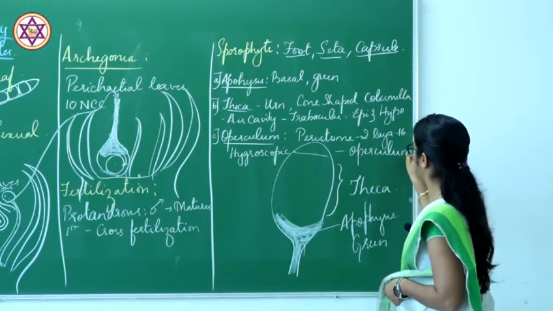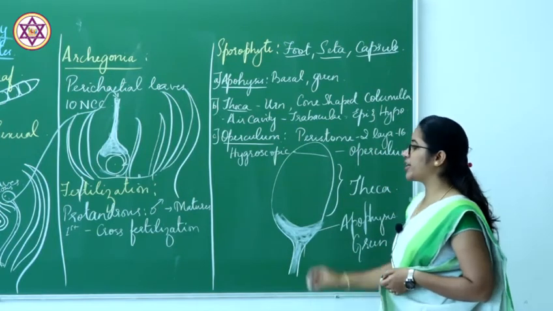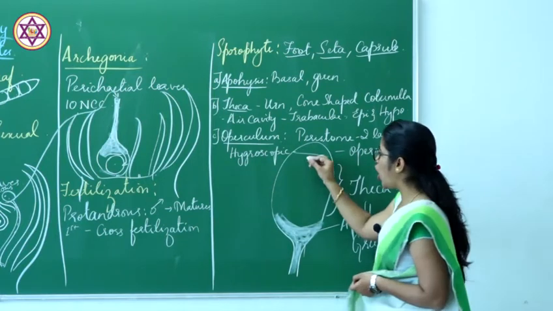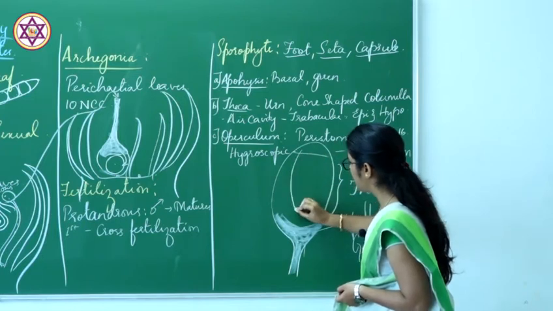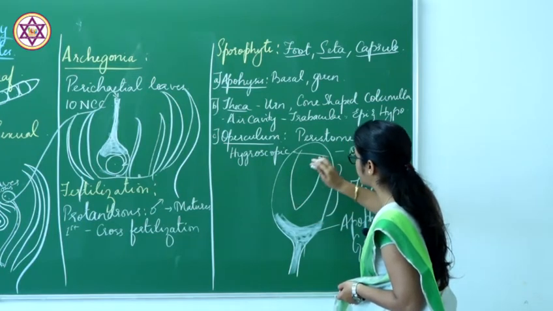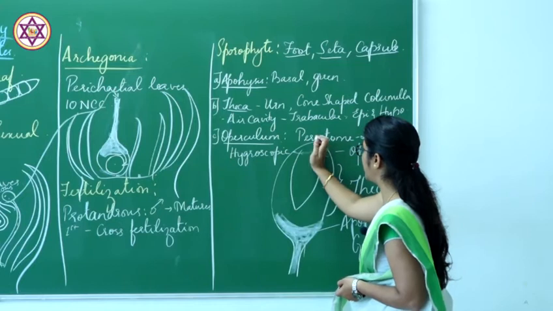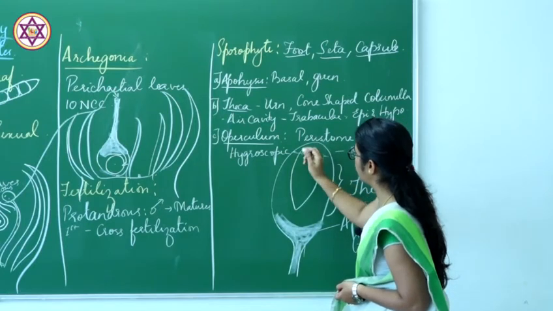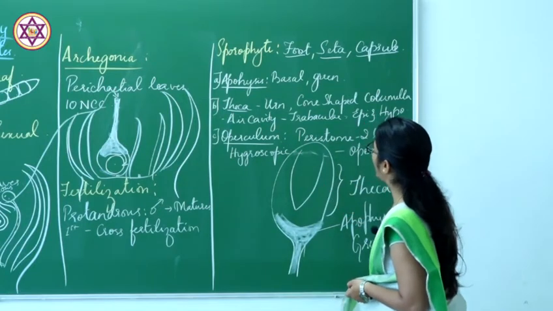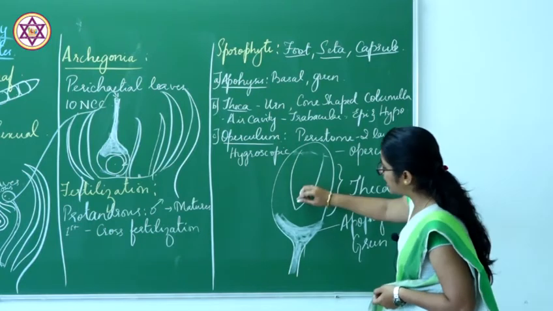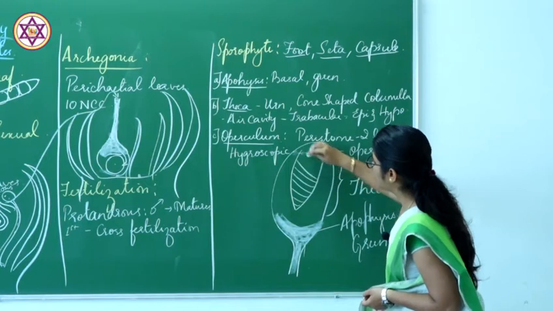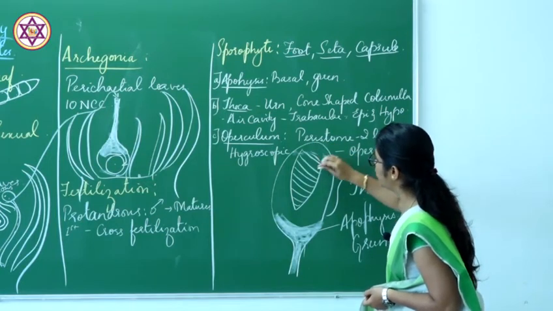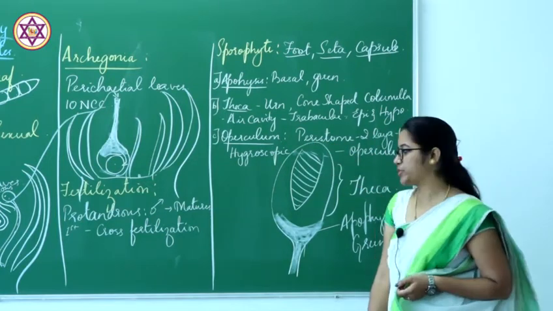Now, talking about the theca region, you will find the columella present here. How is the columella present? In a cone shape. They consist of plenty of cells, and they give a support system for this capsule.